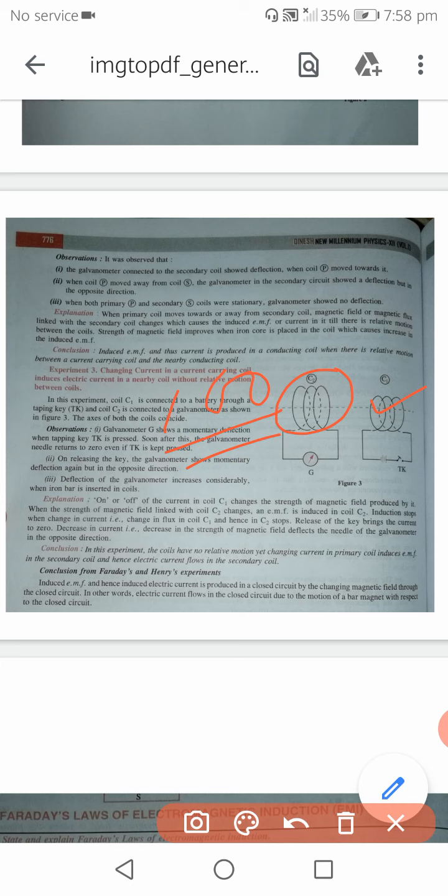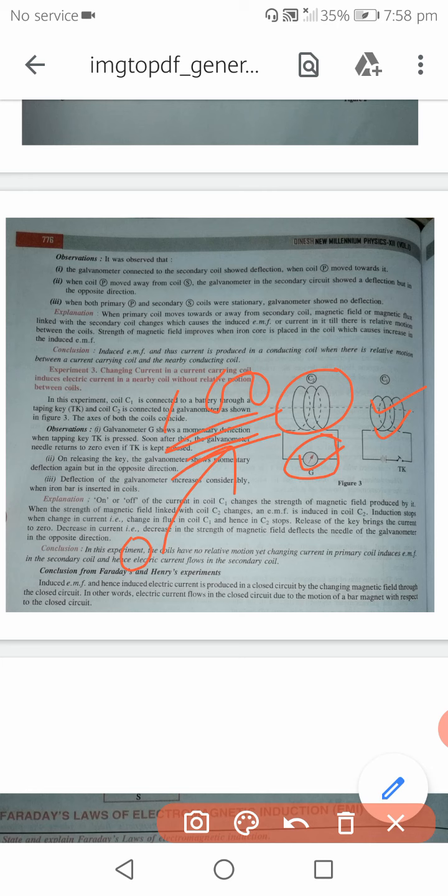When current flows through this coil, for that period it will remain 100 only, there will be no change of field lines. That is why momentary current is obtained. Current is obtained, then it stops. Why? Because there is no change in field lines. Only when the switch is on does the change take place, from 0 to 100, because initially nothing was there, then it got 100. So only at that time does the galvanometer show deflection.